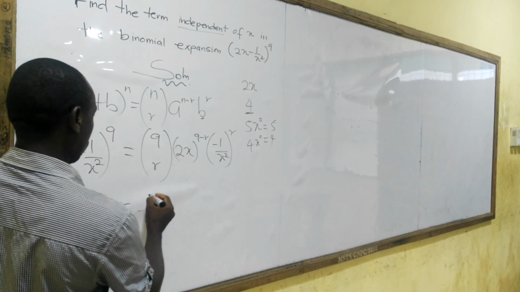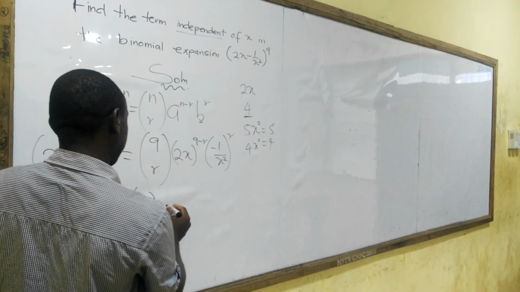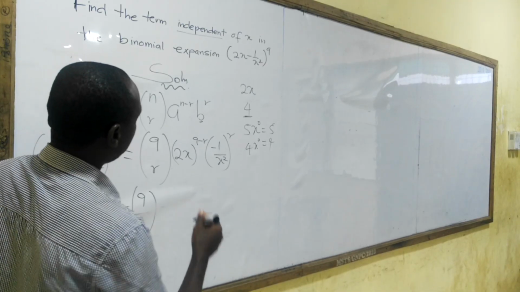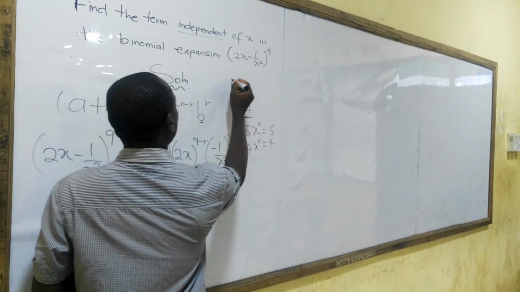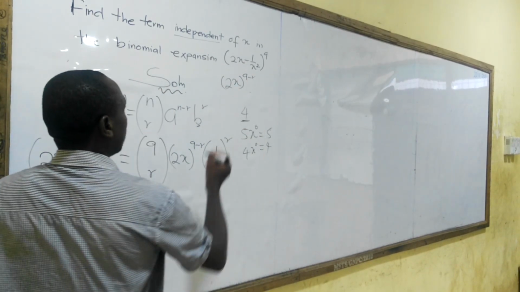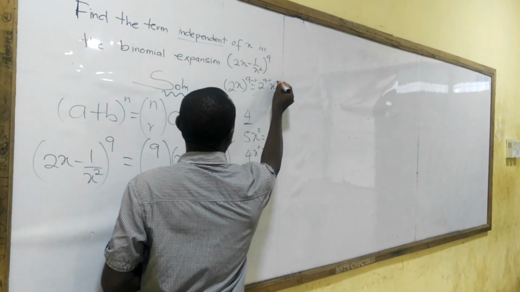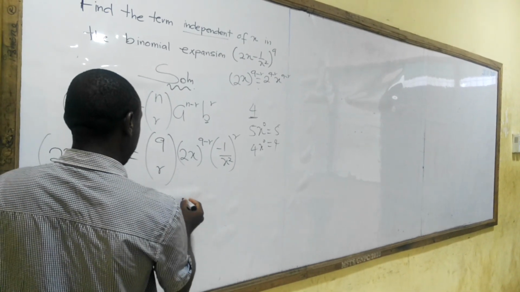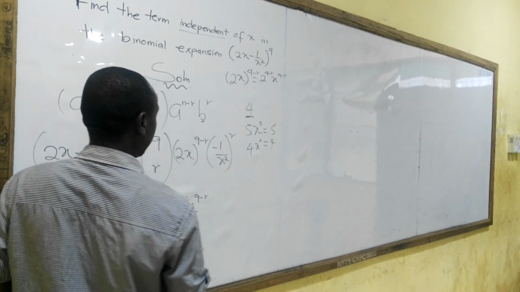This is equal to 9 combination r, 2x to the power 9 minus r. In indices, let me do this demonstration. If I have 2x to the power 9 minus r, this becomes 2 to the power 9 minus r, and then x to the power 9 minus r.